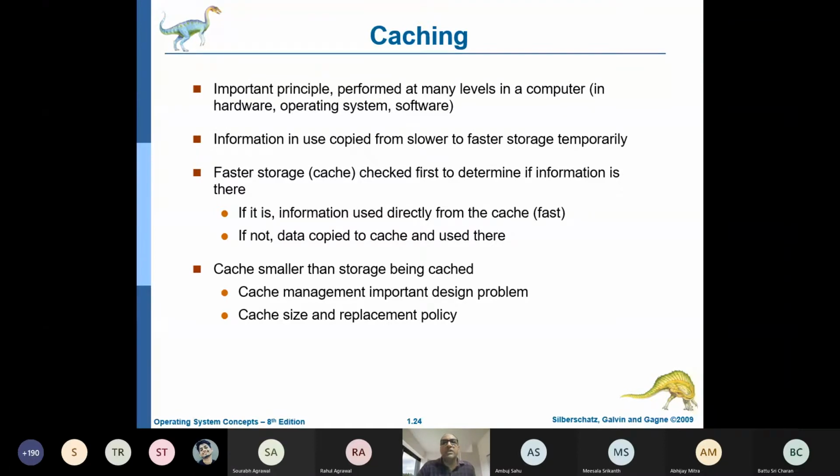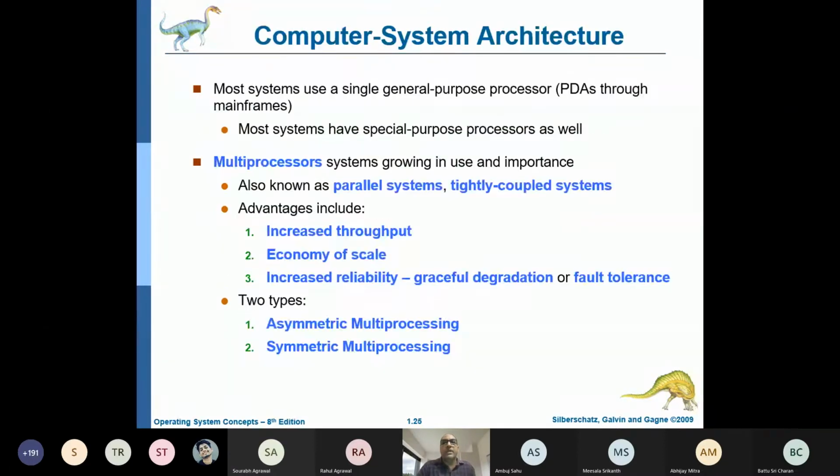So let's move on. The next one is actually here. So far, we discussed the broader architecture of computer, where we discussed different peripherals, memory, and then the CPU, bus, and so on.